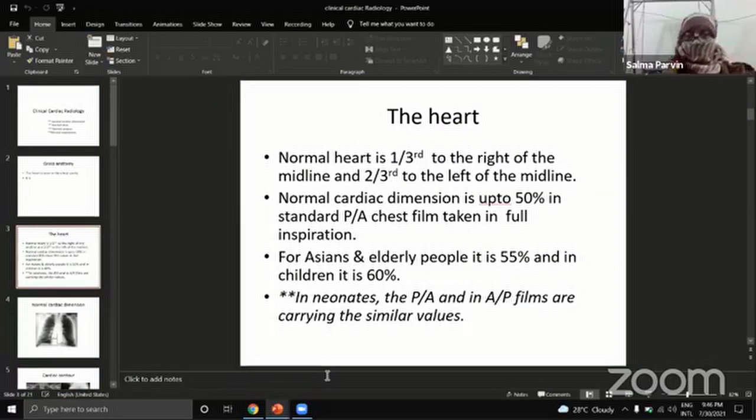radiology, cardiac radiology. Whenever a patient is not taking a full inspiration, that is a substandard chest X-ray, that is the poor inspiratory film. You will see most of the X-rays are written in this language. This is a poor inspiratory film. And what happens? This poor inspiration causes the diaphragms to be elevated.